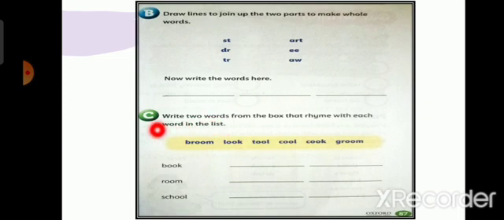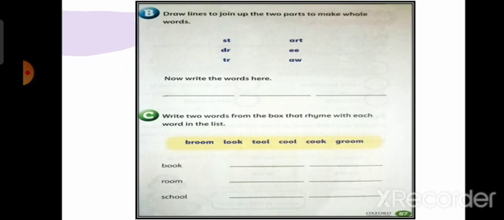And the last question is, write 2 words from the box that rhyme with each word in the list. Rhyming words are the words that have same ending sounds. You have to find out rhyming words for these 3 words: book, room, school.